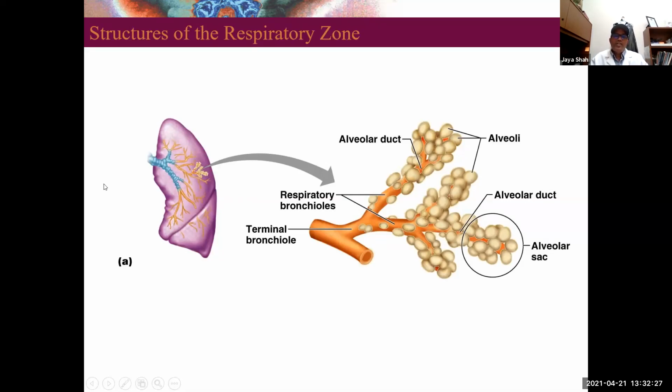If we make a cut section here and remove the superior part, then looking inside the alveoli, you're going to see the histology of the alveoli. Okay, so let's see here now.